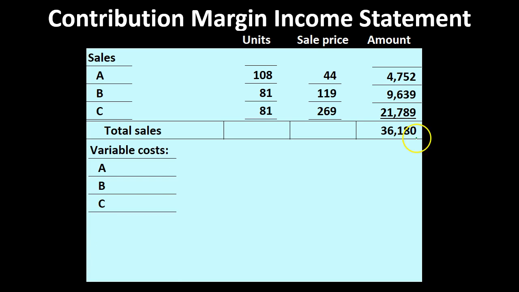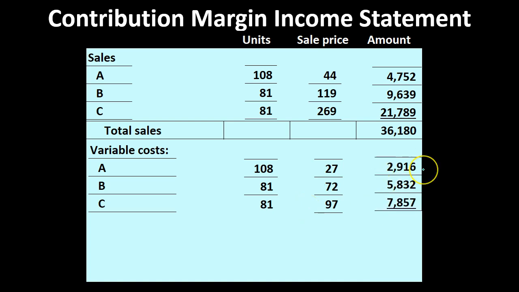And then we're going to take the variable costs for the A, B, and C units that we will be selling. We have our same unit items here, which is the 108, the 81, and the 81. The variable costs given in the problem, these are the actual variable costs. These aren't the composite units, the ones that were originally given in the problem. 27, 72, 97. If we multiply that out, for example, 108 times 27, we get the 2,916. So if we did that all the way down, we're going to get these items for A, B, and C respectively.